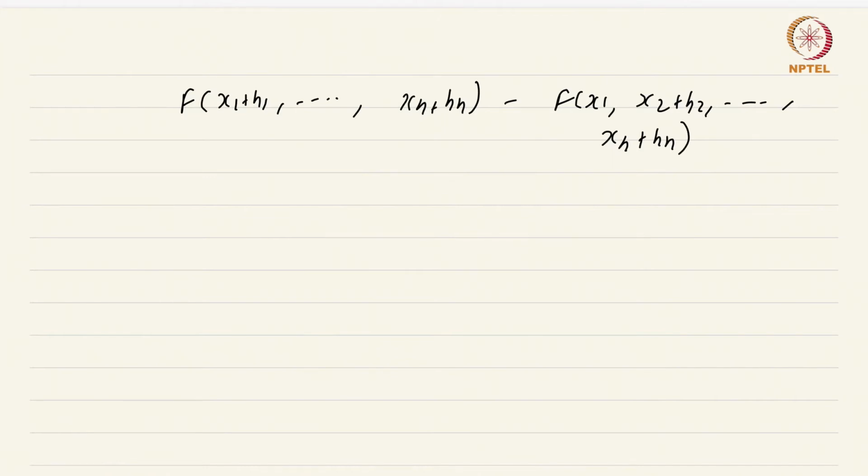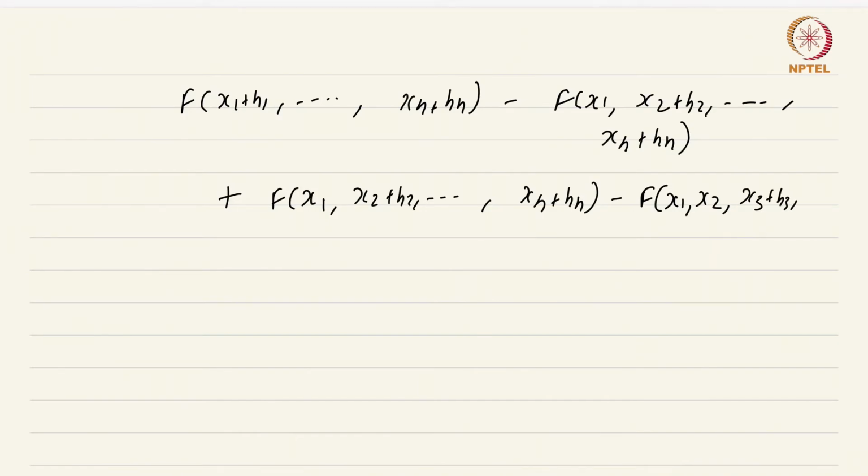Okay, you have subtracted something, so you will have to add back something. So you add back the same thing, f of (x1, x2 plus h2, dot dot dot, xn plus hn). Now subtract f of (x1, x2, x3 plus h3, dot dot dot, xn plus hn). So you have subtracted one term, now you have to add it back again, so you keep going like this.